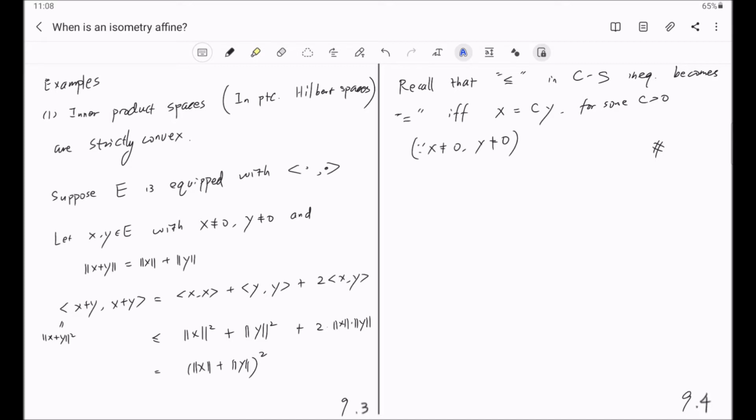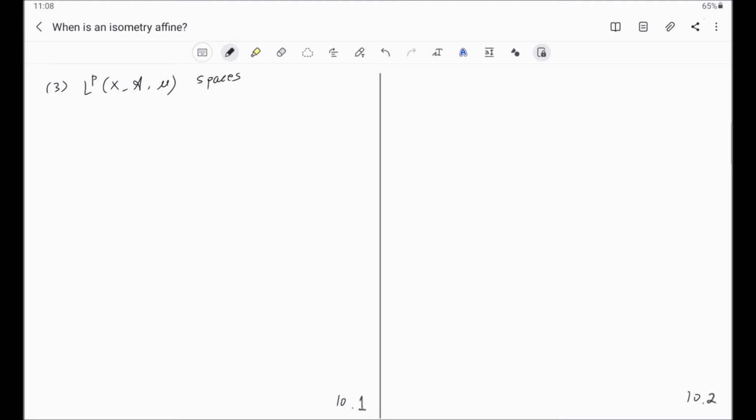So now let us study Lp spaces. We'll first consider the case when p is strictly greater than 1 and strictly less than infinity. In this case, it turns out that they are strictly convex. Again, we're going to use the definition number 3 of strict convexity to check this.